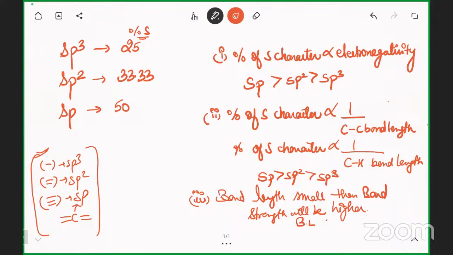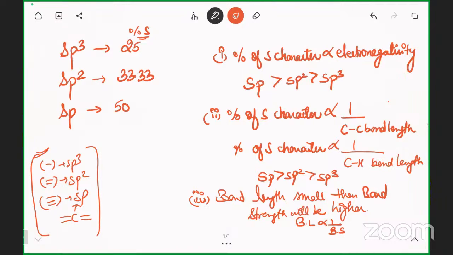See, bond length is inversely proportional to the bond strength. If one increases, the other will decrease. So sp, yeah, very nice. sp will have more bond strength because three bonds are present. sp2 will have lesser strength, then I will go for sp3.